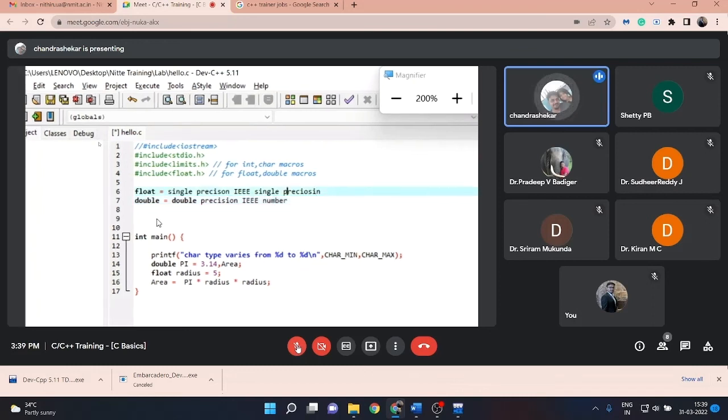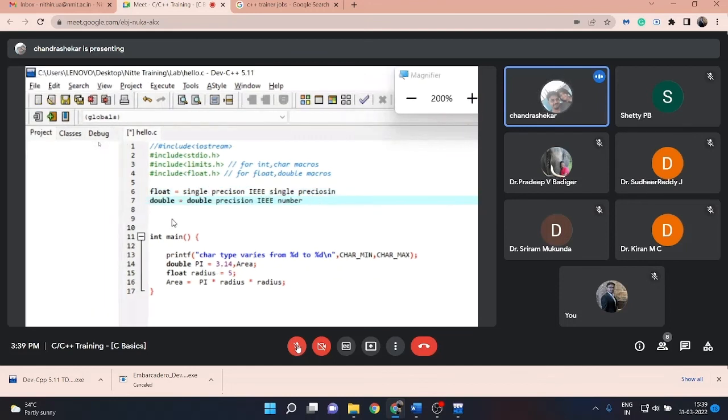Float is 32-bit and double is 64-bit. So you can store larger data with greater precision in the double type than in the float type. This is how it can be used in our coding. You're able to understand, right?